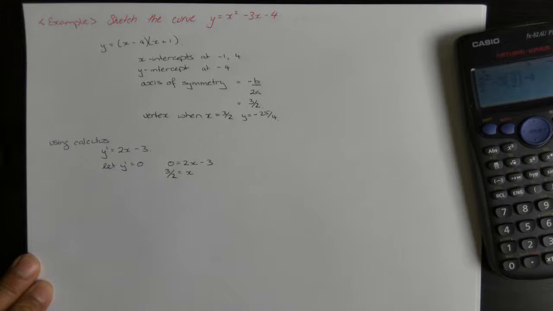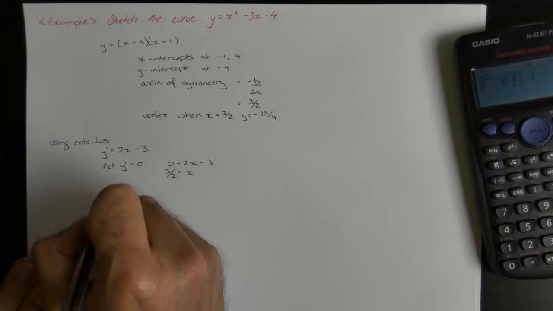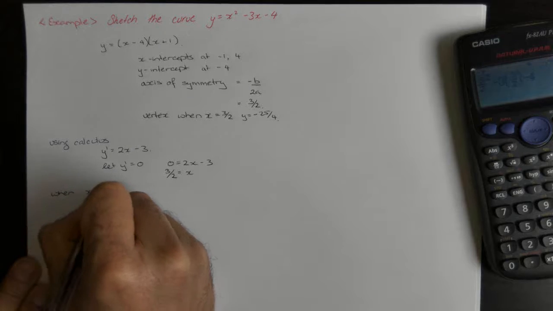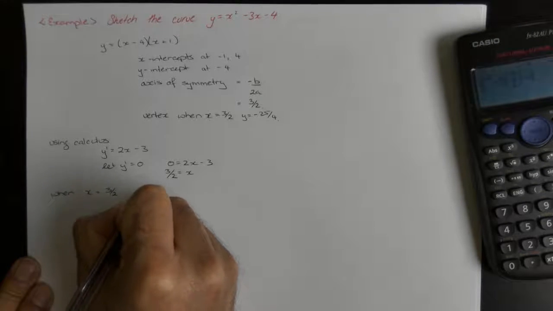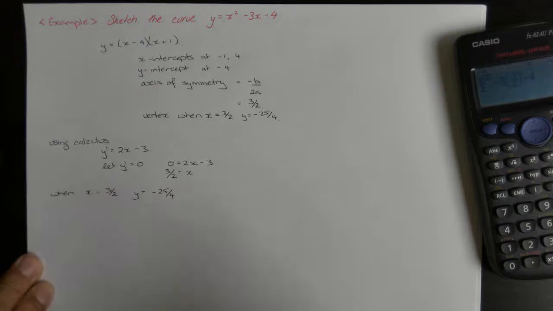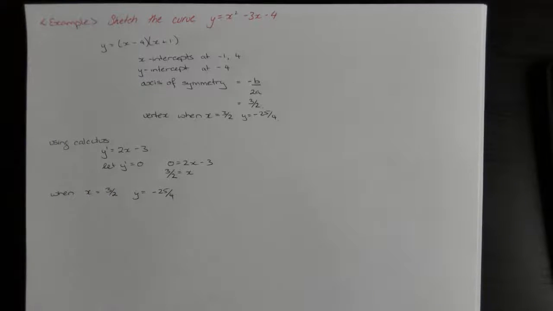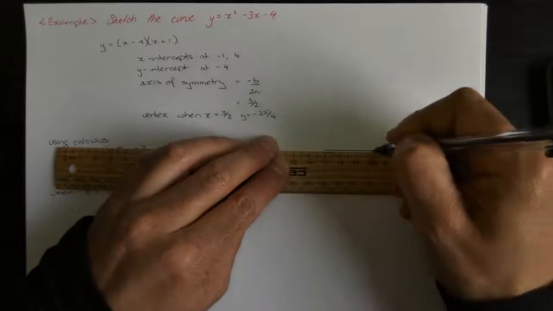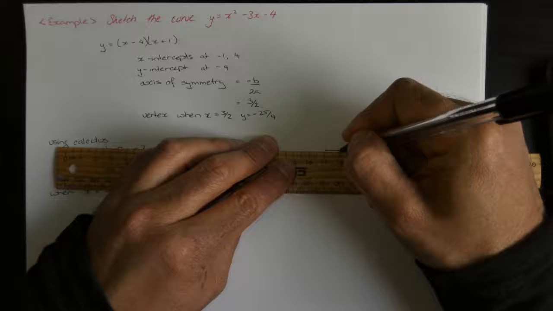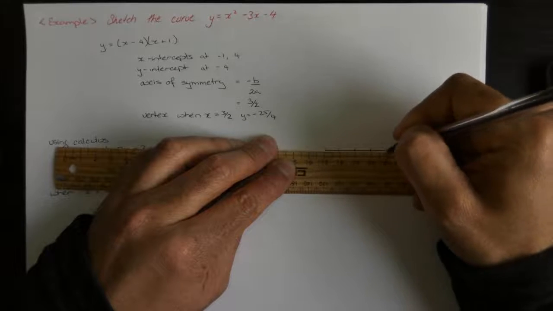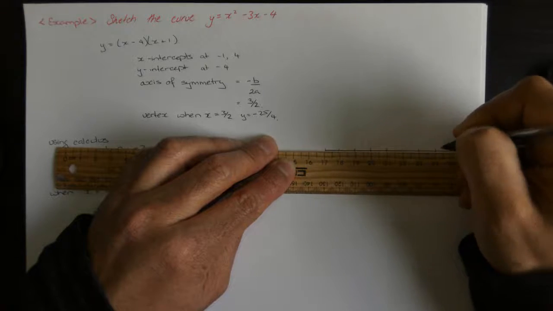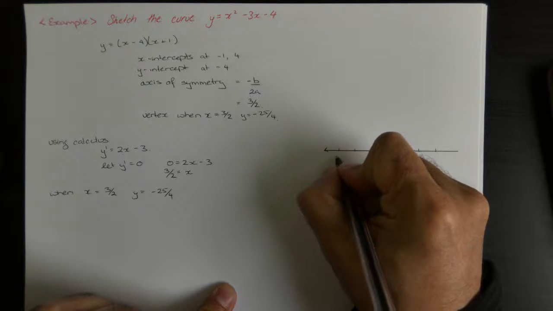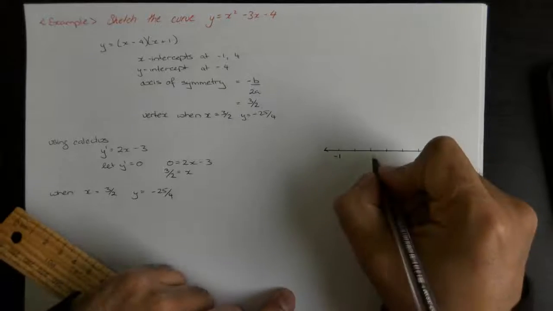Plugging that back in, you'd get the same y value. So if I was to draw it, negative 1.